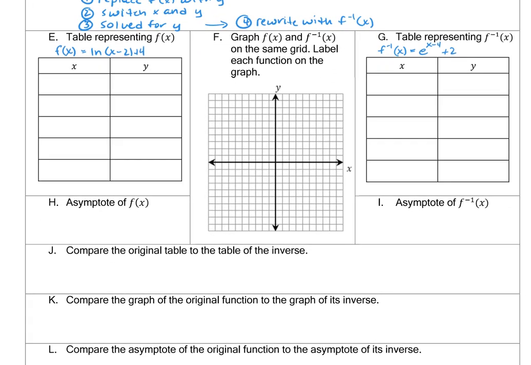All right, so we're going to use our calculator and our table button, and we're going to put in natural log of x minus 2 plus 4, and we're going to get a table. So our asymptote is going to be at 2. All right, so the asymptote of f of x is going to be at x equals 2.